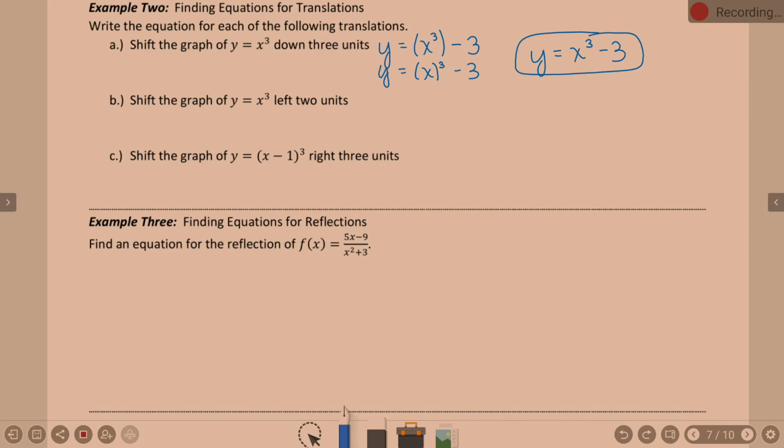Now, if you're preparing for when you do have to go left and right, then the 3 outside would be you prepping for that. When we start going left or right, we'll talk about that. So again, all 3 are equivalent. I would definitely prefer this one I have circled. Okay. Fair enough.